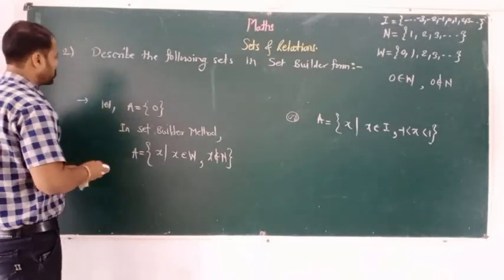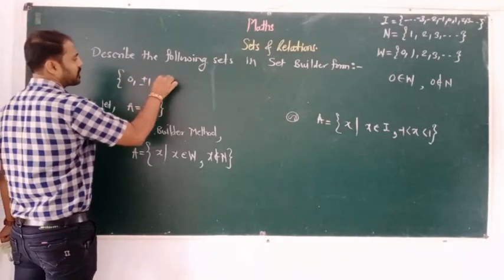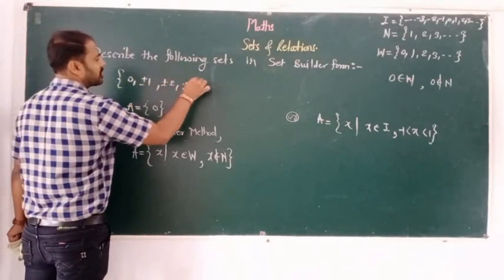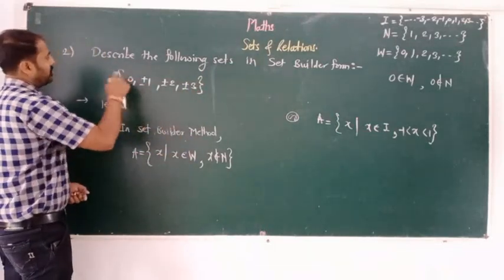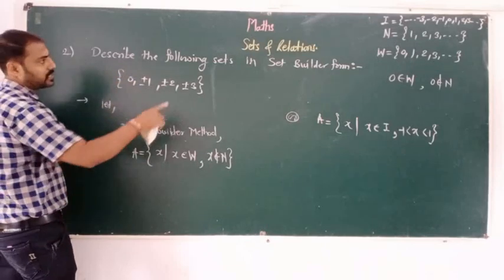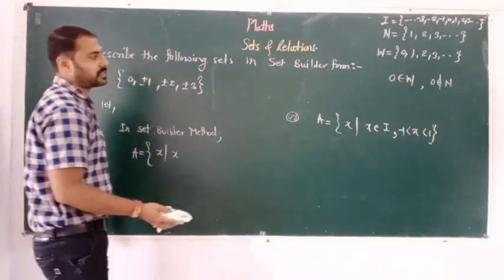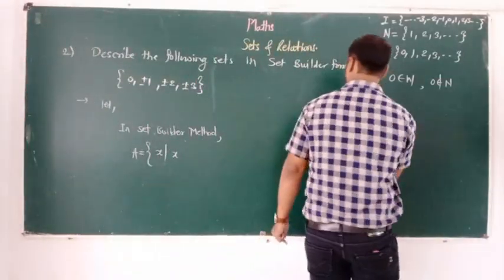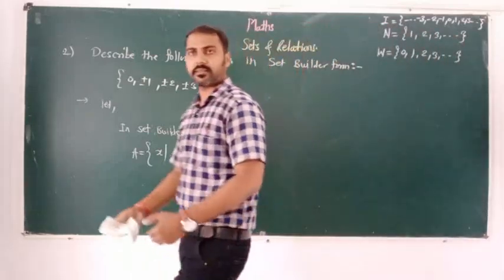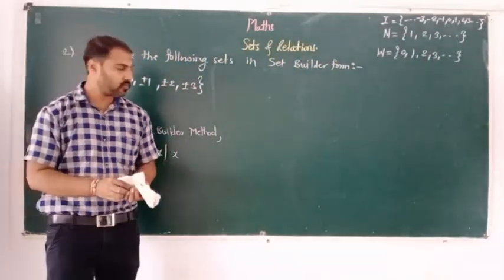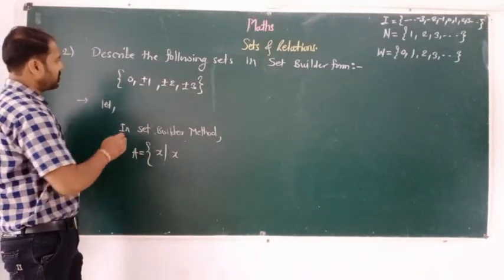Next sub question is the set 0, plus minus 1, plus minus 2, plus minus 3. Okay, we write the given set in set builder form. Look at here how we write that set in set builder form. It means we have to write a formula. Observe this set.